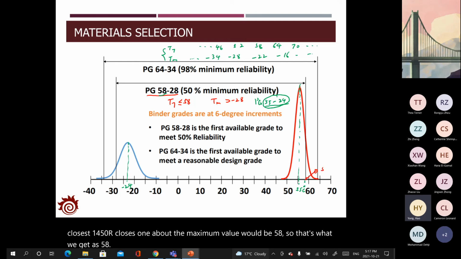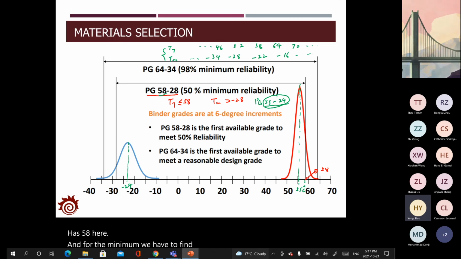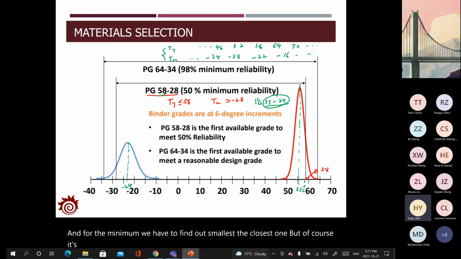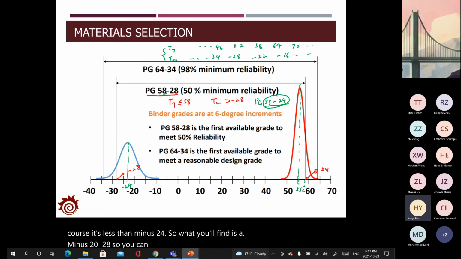And for the minimum, we have to find the closest one, but of course it's less than minus 24. So what you will find is minus 28. So you can get the grade as PG 58 minus 28.